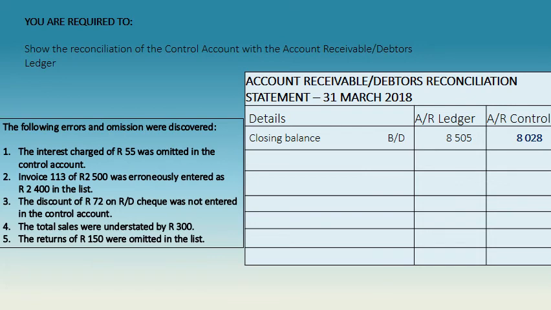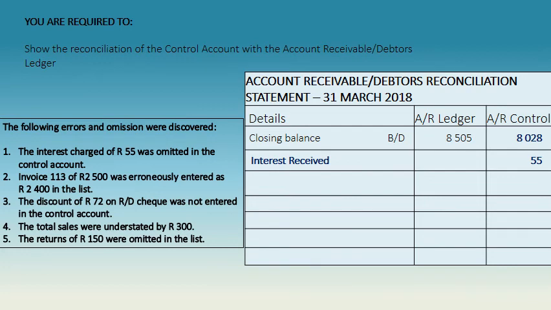Bringing in the errors and omissions, the first entry being the interest charged of 55 rand, which was omitted in the control account. The entry will be shown under details as interest received. In the accounts receivable control column, it will be reflected as 55.